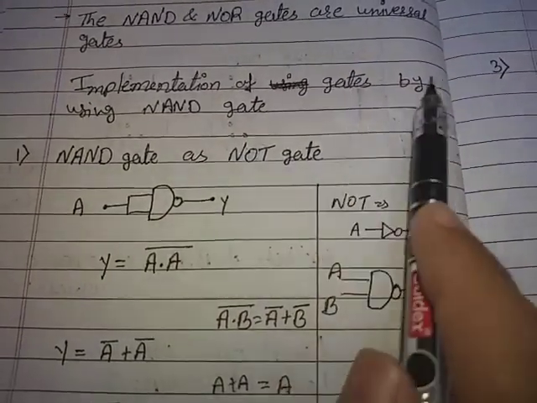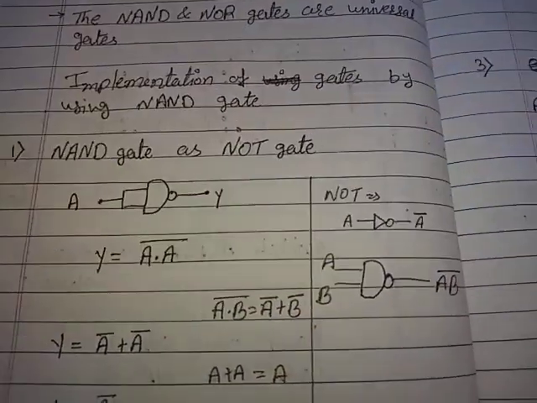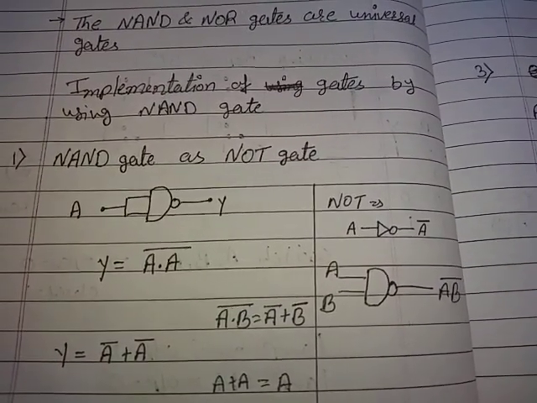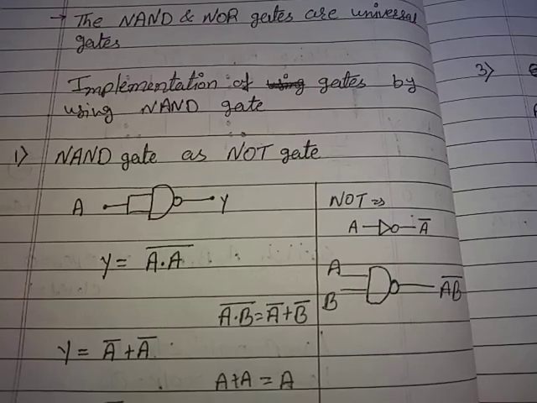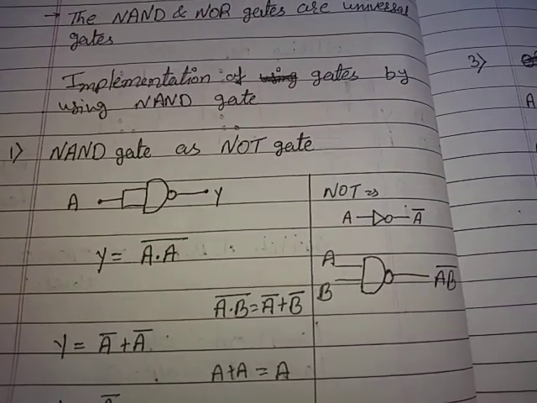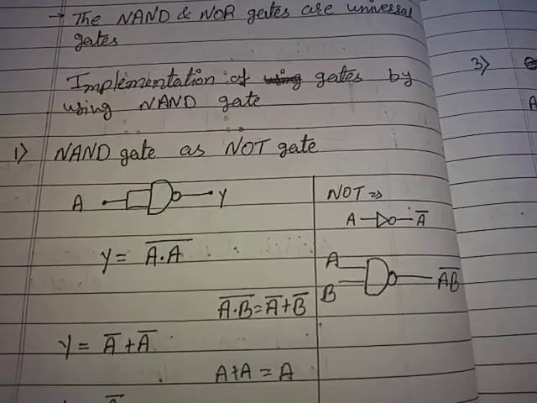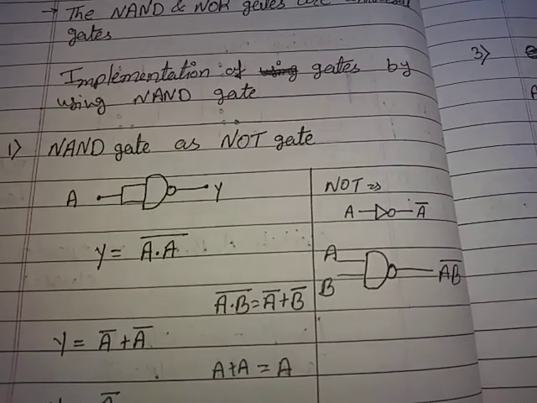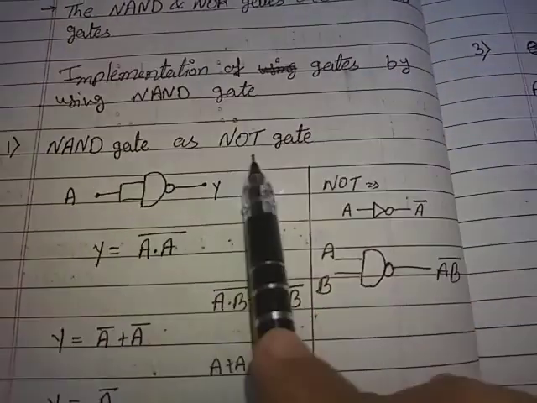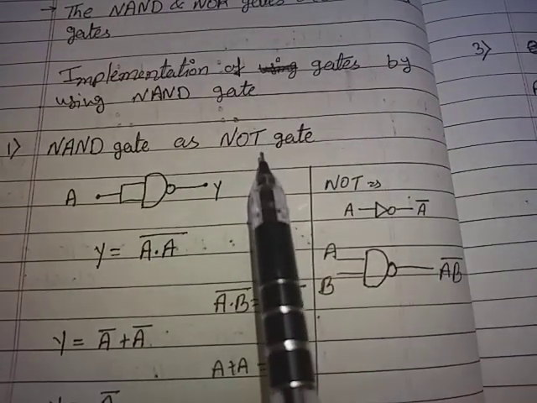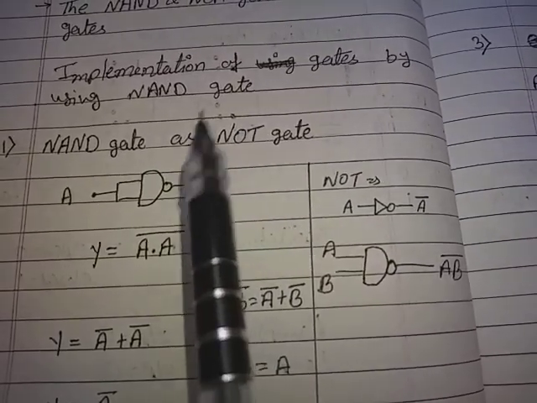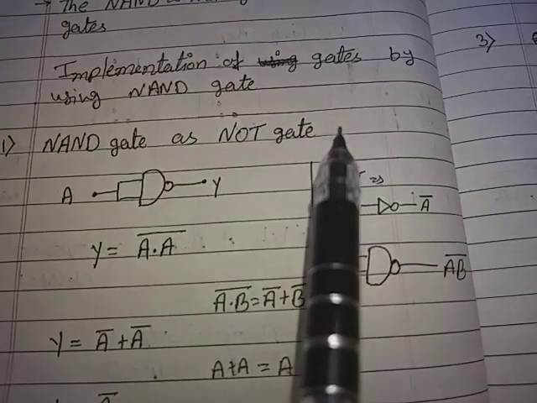Implementation of gates by using NAND gate. How other Boolean equations can be implemented by using NAND gate. As we know, all equations include only 3 gates: AND, OR, NOT gate. So we will see how NAND gate can be used as NOT gate, as AND gate, as OR gate, and as NOR gate.